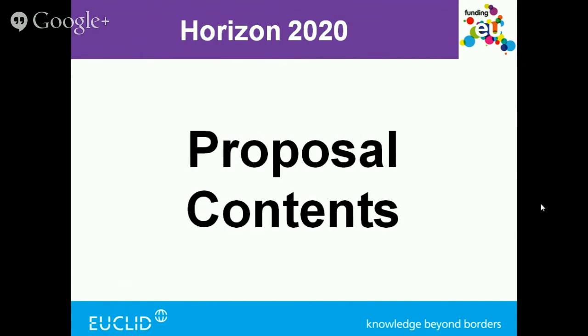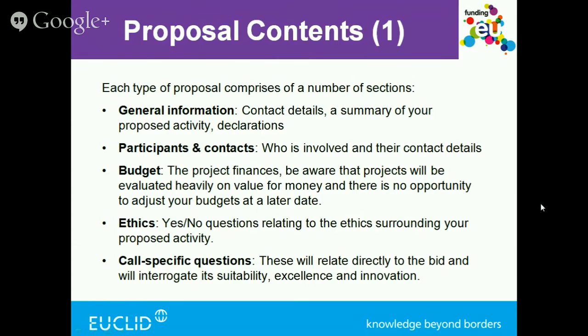Proposal contents. I'm saying this just to reassure you that there's nothing hugely complicated about the particular form. The complexity comes in being clear about the detail of the project that you're actually going to do. General information is the usual stuff: contact details, summary of your activity, and declarations, and so on and so forth.